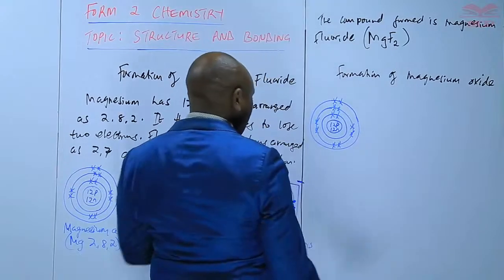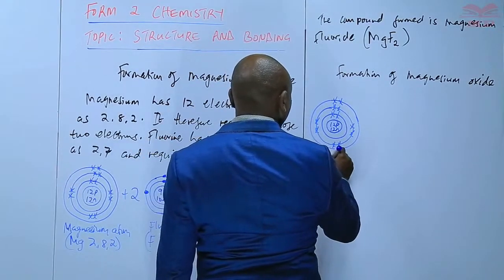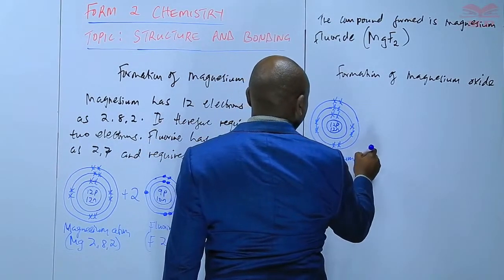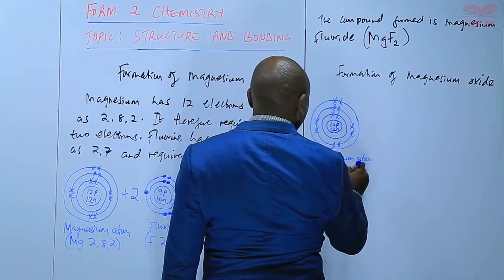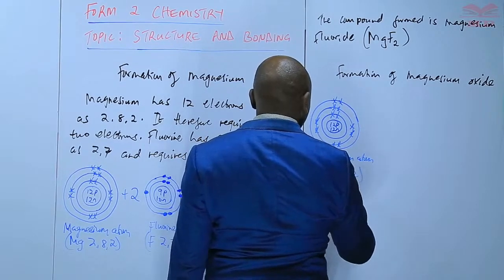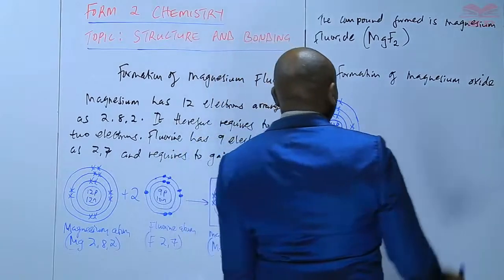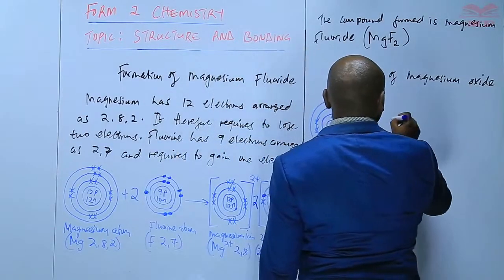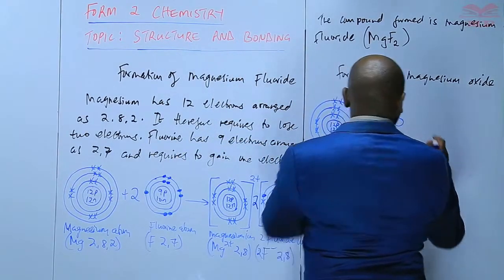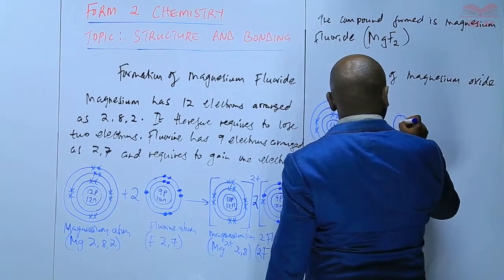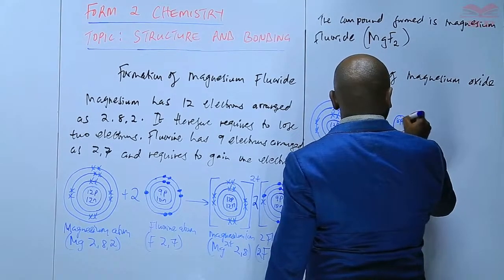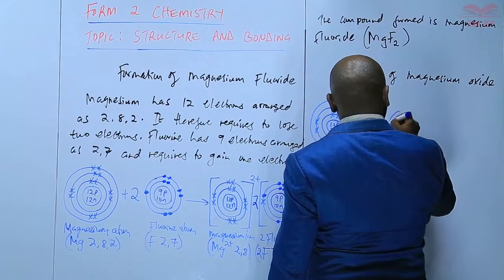So that is magnesium, 2, 8, 2, plus oxygen. Oxygen is 8P, 8N.